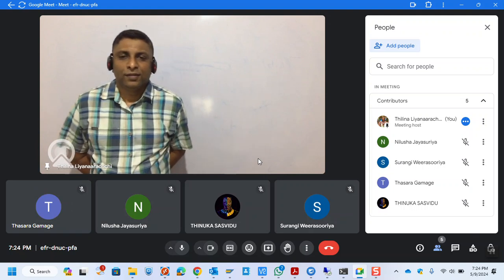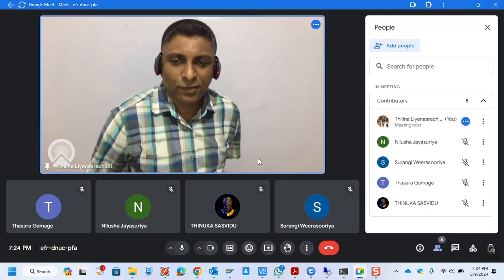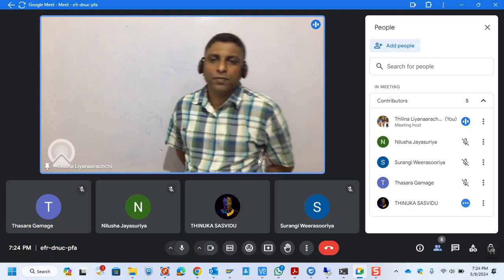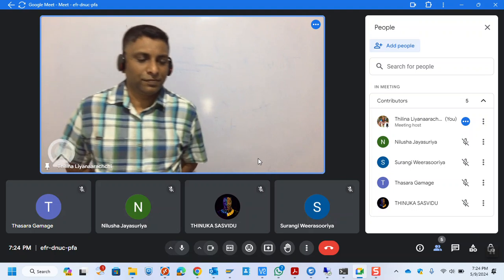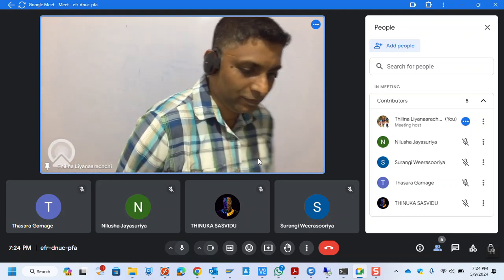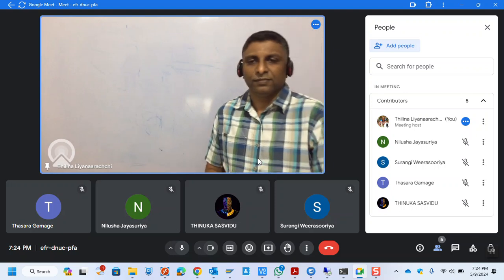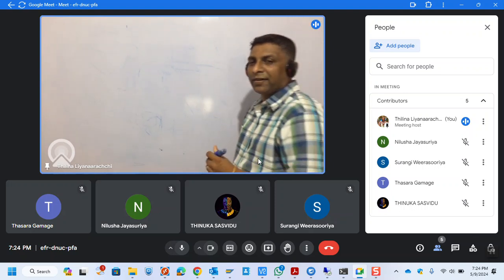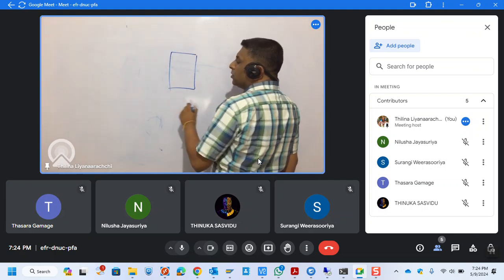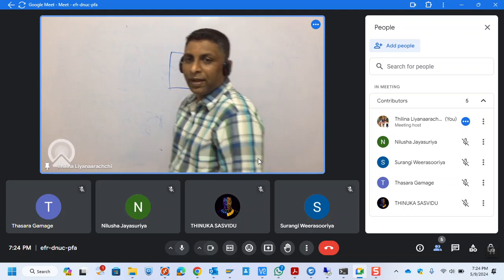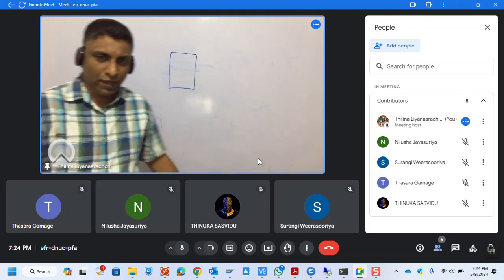So what's the difference between scanning and capturing the text? We have a scanner, right? Basically a document scanner or the photocopier. So we can place the document and take a copy of that.